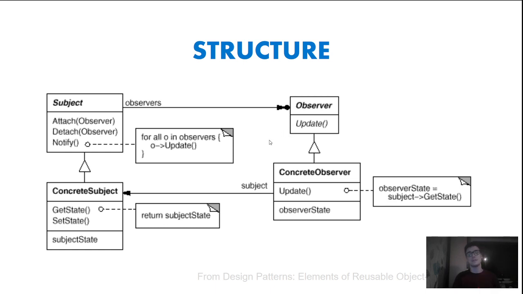And this is the general structure of this pattern. So you can see that I talked about the abstract classes, but every abstract class has its concrete class which realizes the methods and the logic the parent class has.